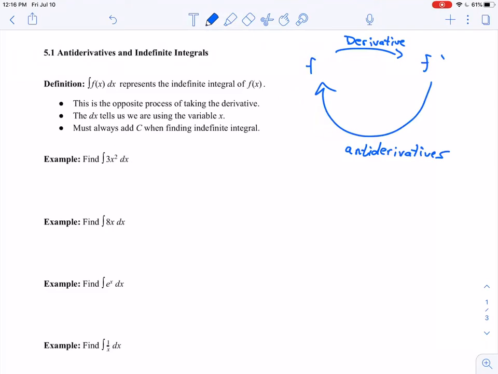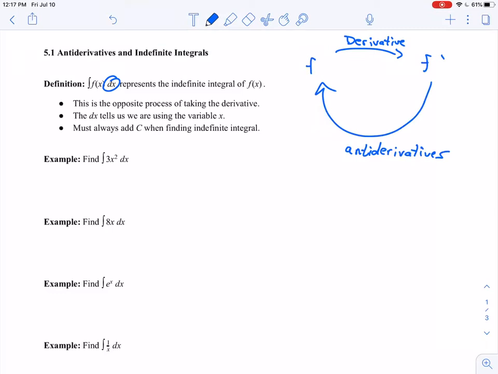We're not going to do too much with antiderivatives. And then the dx right here, so you'll notice I have the integral of f of x dx. This dx just tells us that we're integrating with respect to the variable x. It does have some deeper meaning, but for now, it just lets you know we're using the variable x, which is particularly helpful later on.